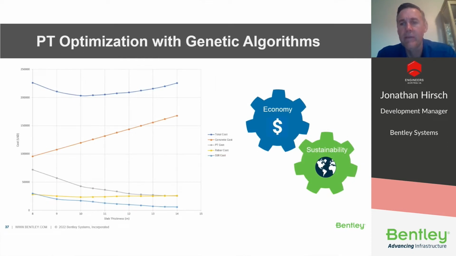One possibility this creates is very rapid comparisons of different structural schemes in early stages of a project. In this chart, a comparison was done on a podium slab to evaluate the most optimal slab thickness. A traditional approach would require tedious calculations for each of the different thicknesses, which would also be very time-consuming.